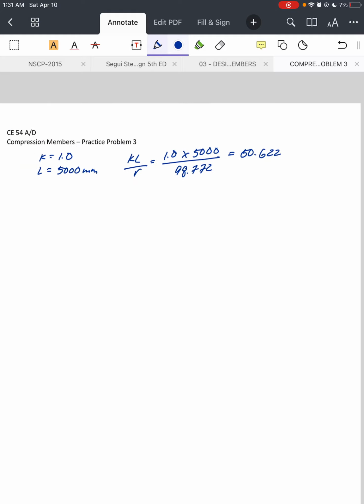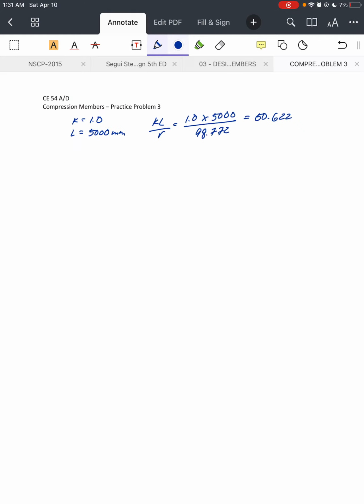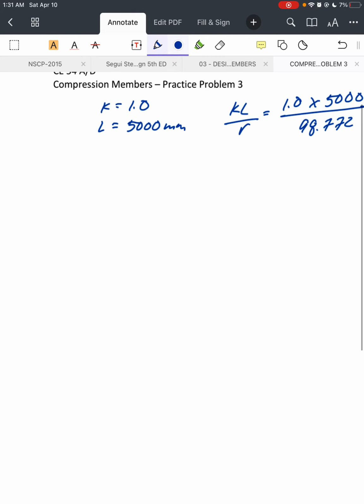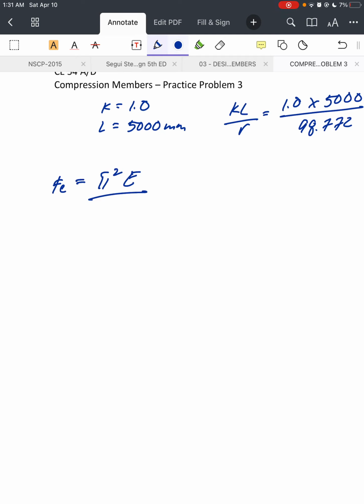So, what is our next step? Our next step is to determine the Euler buckling stress. Fe is again pi squared times E over KL over r squared.